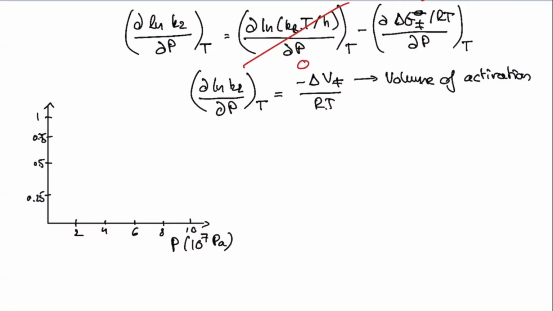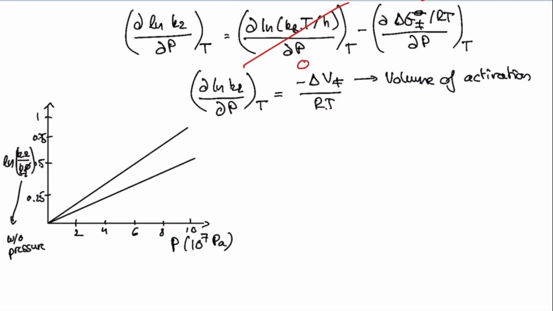And this would be ln k2 over k2 naught, where naught means without pressure. So this would be if you run the normal reaction just at atmospheric pressure. And this will give straight lines.